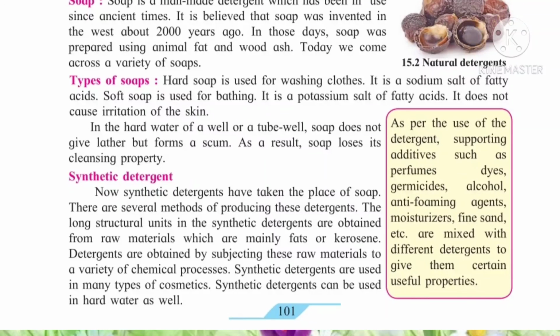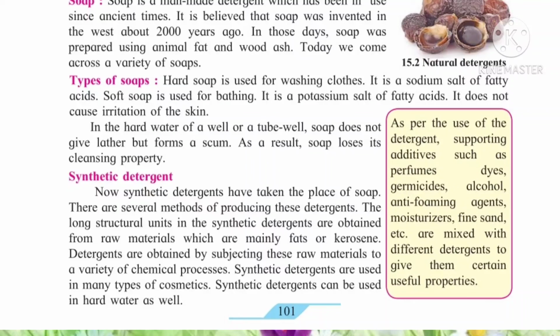Detergents are obtained by subjecting these raw materials to a variety of chemical processes. On that raw material they do some chemical processes and form the synthetic detergent, some developed or new form of detergent.